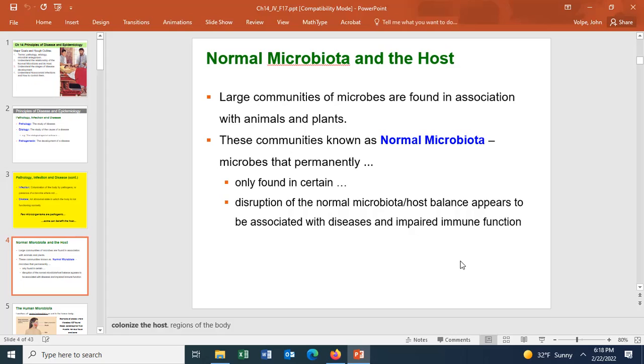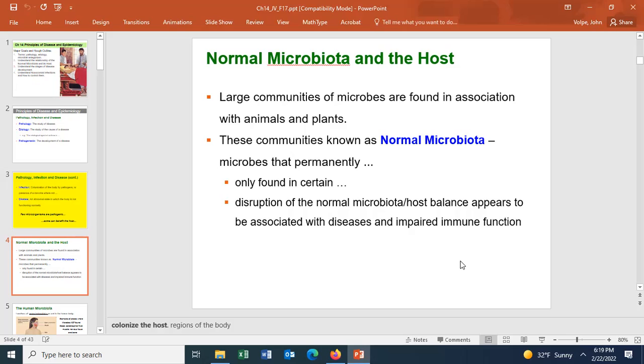You can disrupt the normal microbiota host balance, and that appears to be associated with disease and impaired immune function. For example, we all have E. coli in large numbers in our gut, and whenever you take an antibiotic, assuming that antibiotic works on gram negatives, that will knock down the E. coli in your gut.